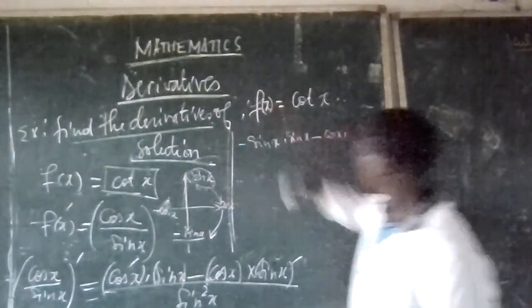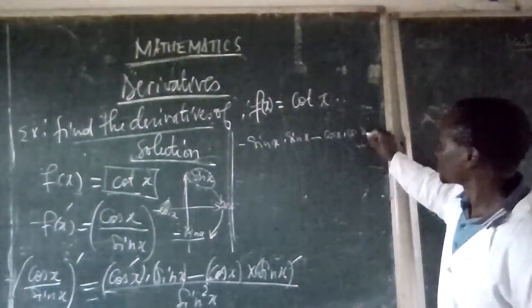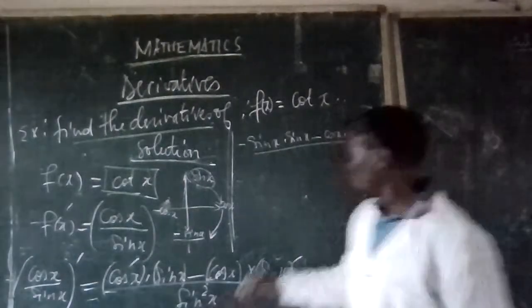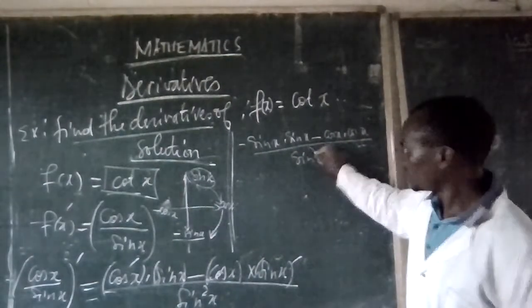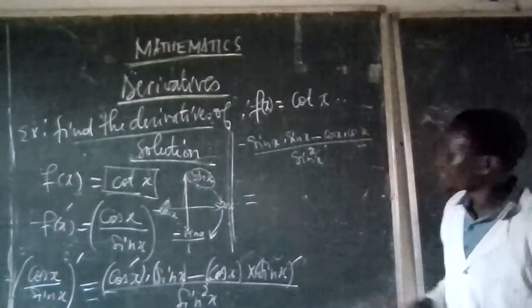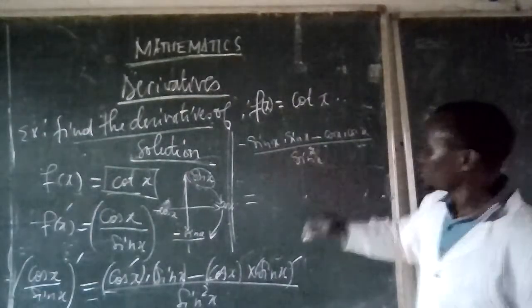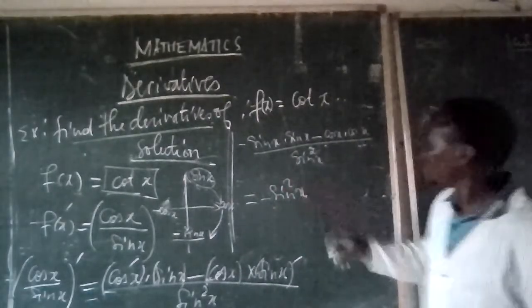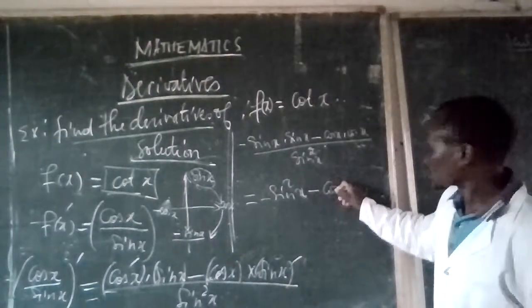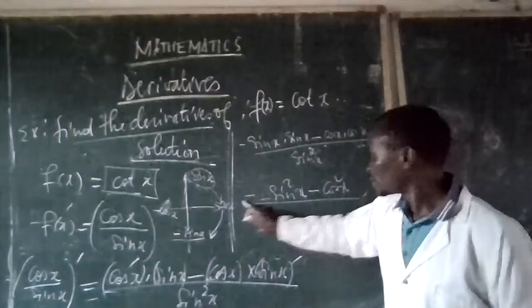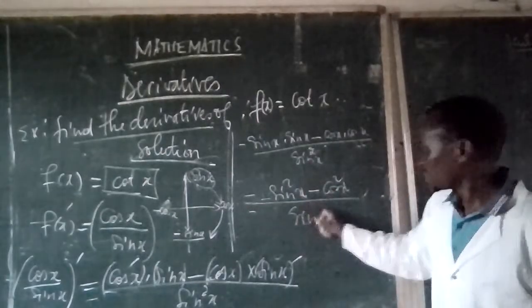You come down, it is cosine x over sine square x. Now the next will be sine times sine, it will be minus sine square x minus cosine square x over sine square x. Are we together?